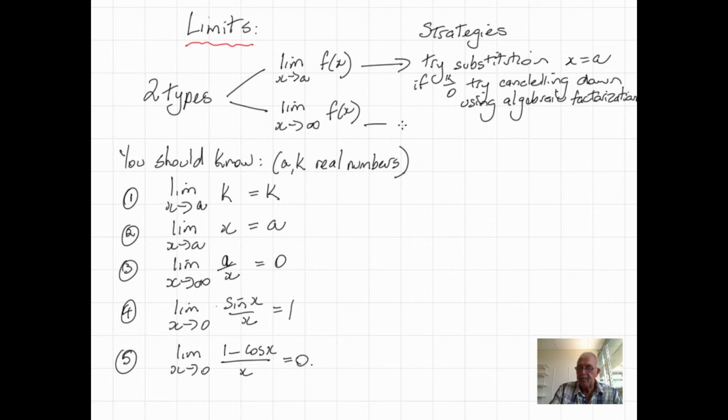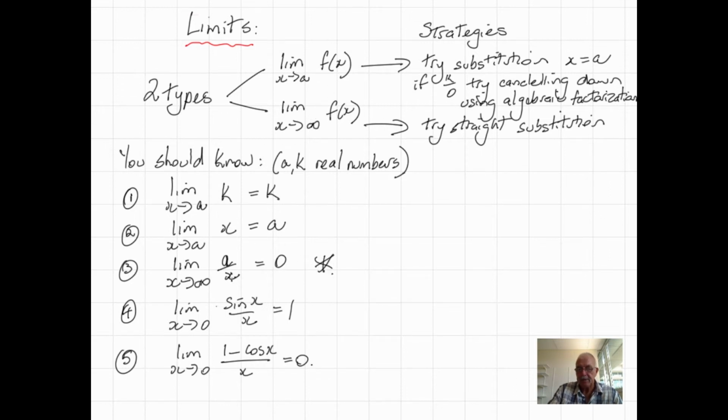This one here, x approaches infinity. Once again, try straight substitution, and just use very large numbers for x approaches infinity. However, the other thing to bear in mind is that you've got the one you should know down here, number 3.